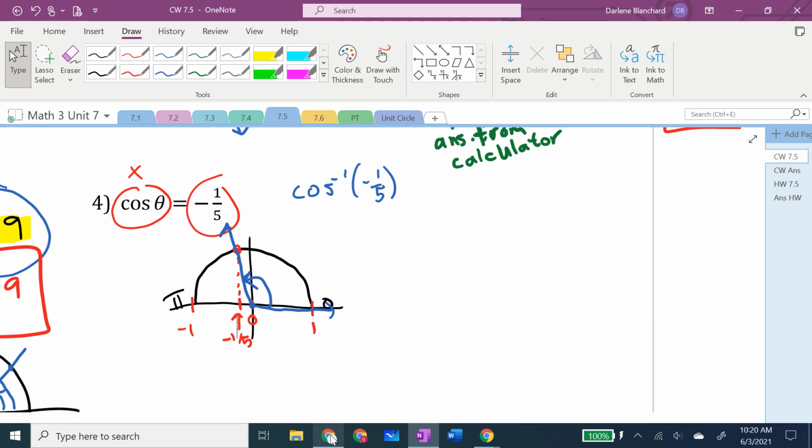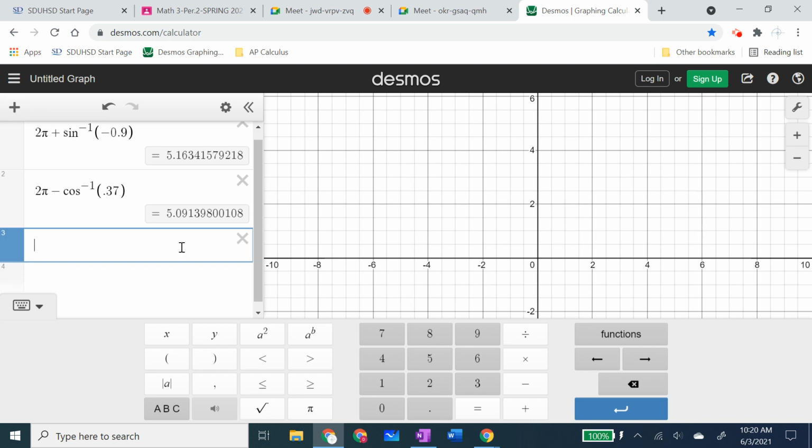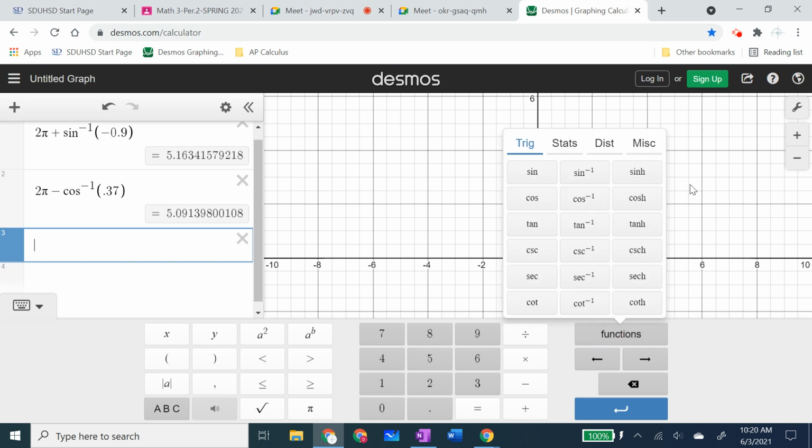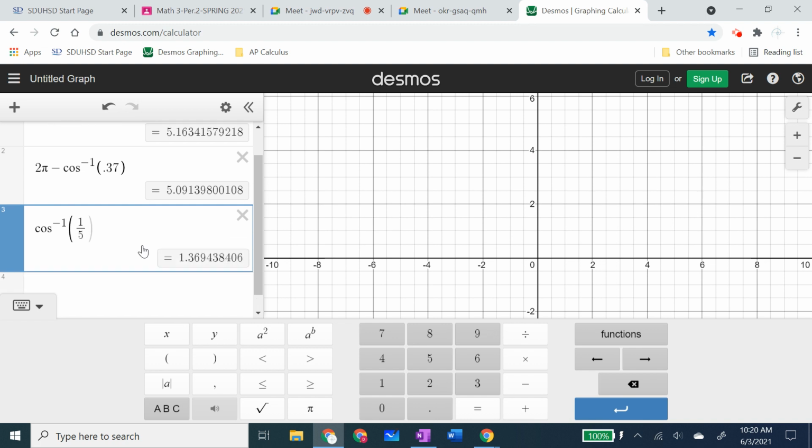So, calculator, inverse cosine of -1/5. And make sure that you know how your calculator works with inputting. Different scientific calculators have different orders of putting things in. You should be getting 1.37.